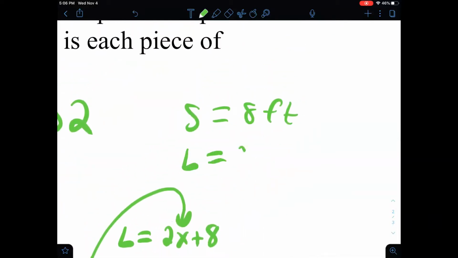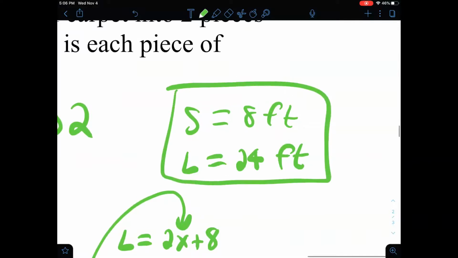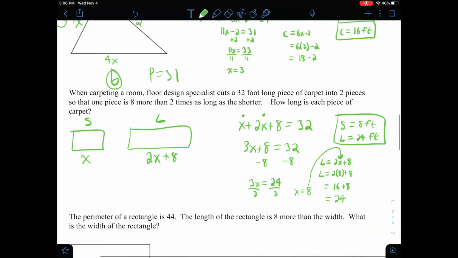So the longer one's going to be 24 feet. After you figure out what x is, you just plug into the other things to find what they're equal to. You plug in for x and you simplify using PEMDAS, then you get your answer.